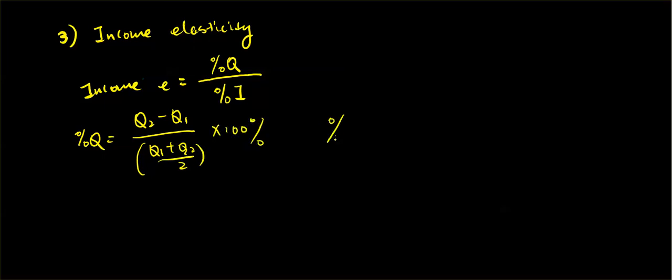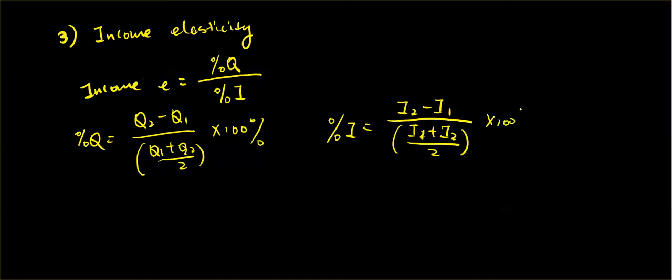And the percentage change of income equals the final income minus the initial income divided by the average income, (I1 plus I2) divided by 2, in parentheses, times 100%. So for income elasticity, the sign is very important.